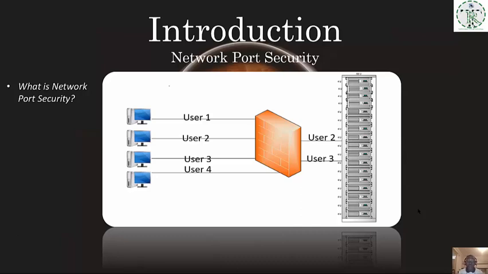Realize that from our diagram, users 1 and 4 have been denied access to the rack by the rules in our firewall. Relating it to our local ports, maybe users 1 and 4 can be considered as ships carrying weapons, and we know it's illegal to bring in bombs into the country. So they have been denied access to the port, which is our rack. And then we realize that users 2 and 3 have been given access.